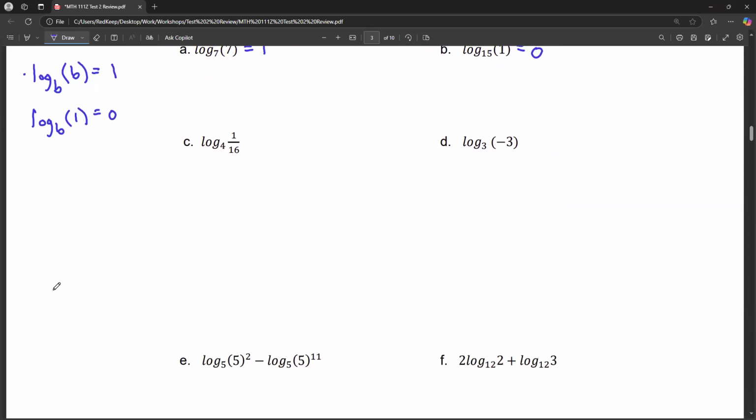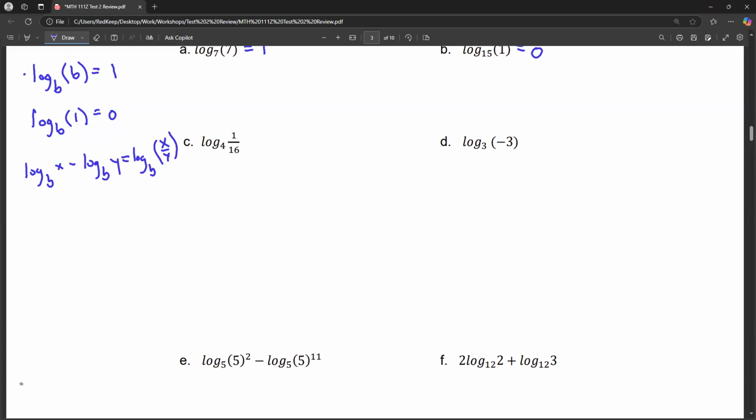Moving down to part C, there's a couple ways to do this. I'm sure there's more ways than I'm thinking of. But this one is going to be a dismantling of this rule: if I had log base b of some x value minus log base b of some y value, this is going to be log base b of the fraction, the first value divided by the second value.